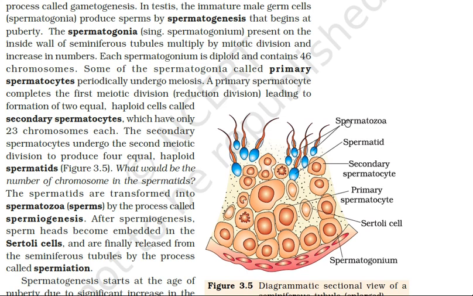Spermiogenesis is the transformation of unspecialized spermatids into spermatozoa. You can also call them sperms.